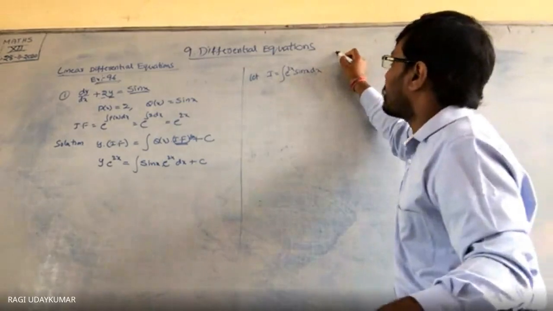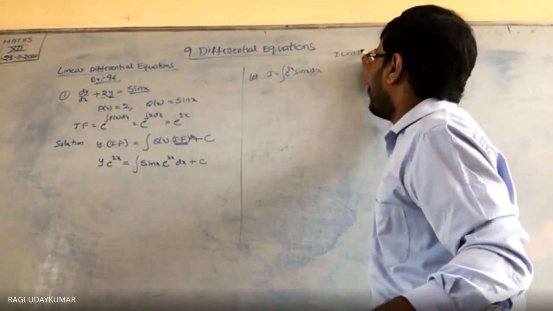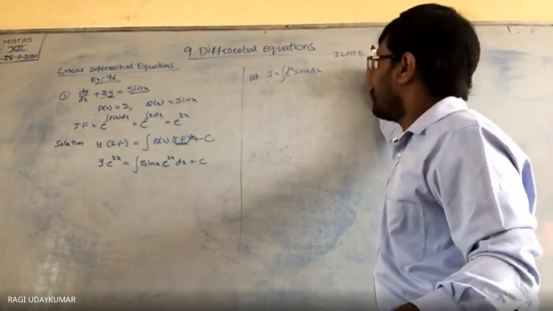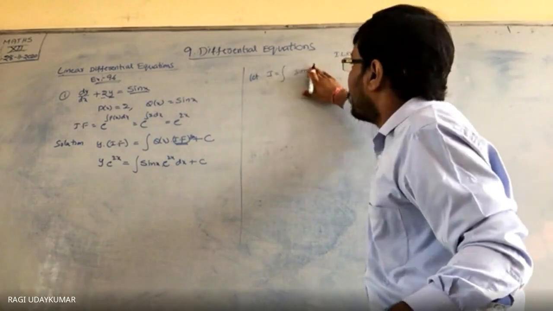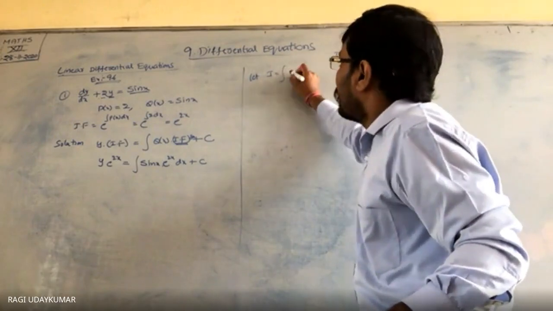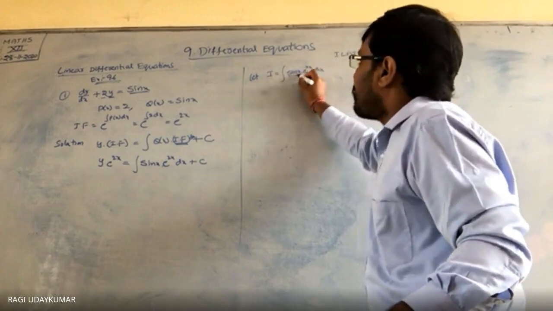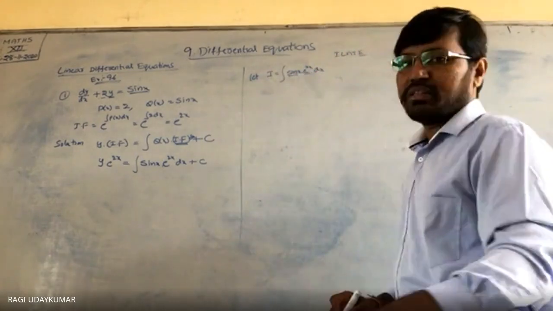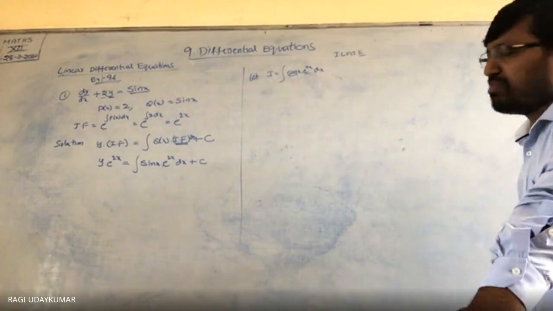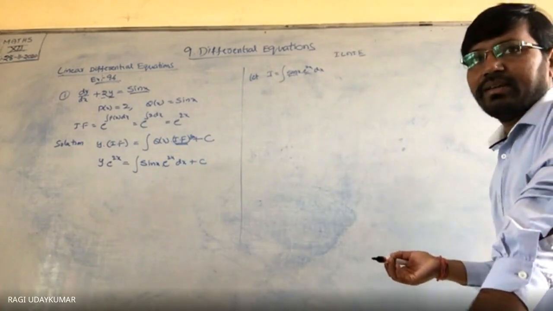इंटीग्रेशन बाय पार्ट्स अप्लाई करते समय I L A T E, exponential is last. So you take sin x into e power 2x dx. इंटीग्रेशन बाय पार्ट्स तो पता है ना. इंटीग्रेशन बाय पार्ट्स में क्या करना है?